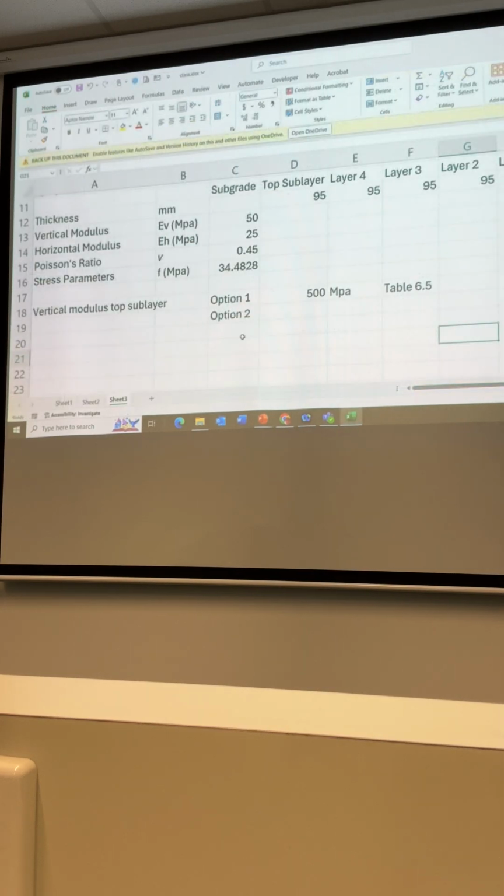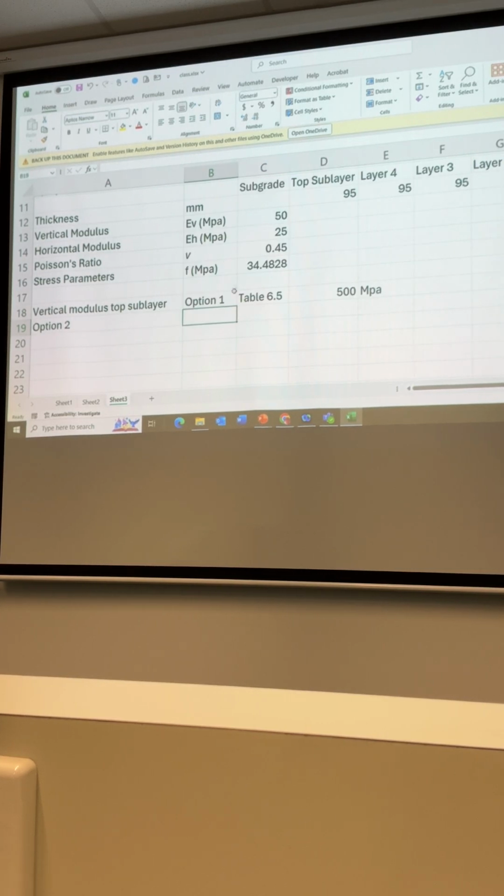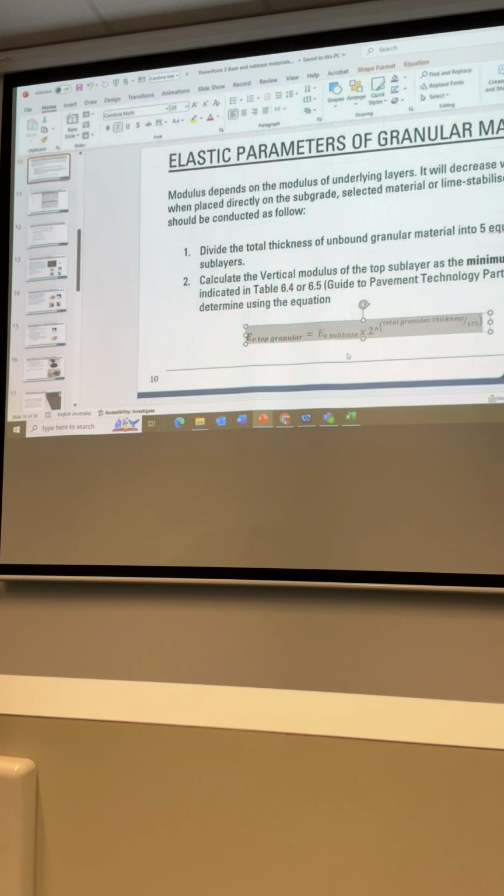I'm going to write that formula here. So option 2 is going to be EV of the top sublayer is equal to EV of the subgrade to the power of total thickness divided by 125.